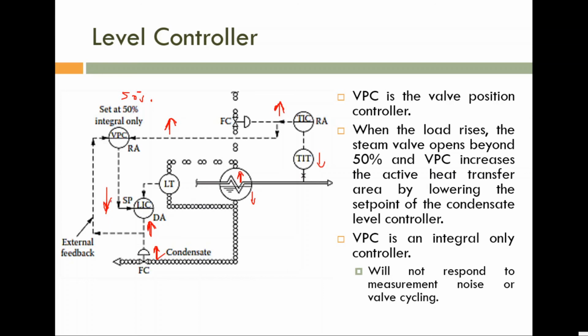Okay. Means the set point of LIC is decreased. So automatically the control output given by the LIC is increased. Okay. So with respect to the increase of this control output given by LIC, this control valve is open, condensate flow rate is increased, liquid level inside the steam boiler is decreased, heat transfer area is increased.